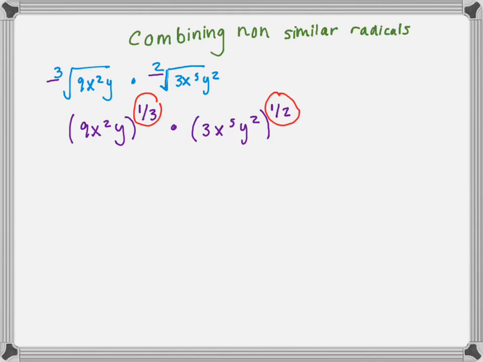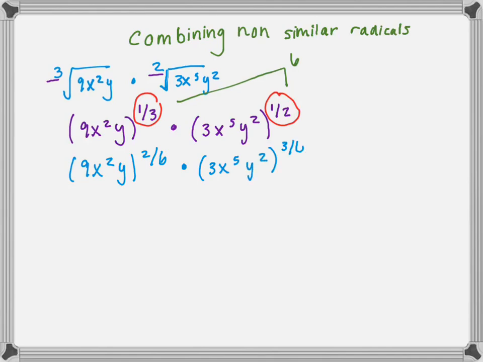So if we make them have the same denominator, we know that a common multiple of 2 and 3 is 6. So we're going to make sure they both have the same denominator of 6. So I'm just going to do 9x squared y to the 2/6 times 3x to the 5th y squared to the 3/6. So now I can actually combine these.